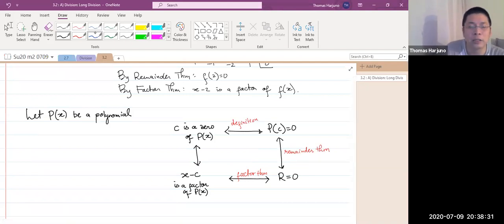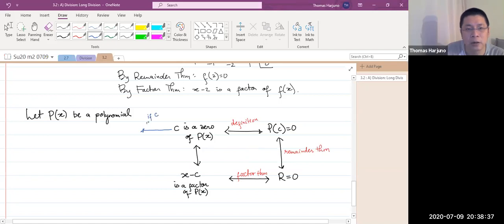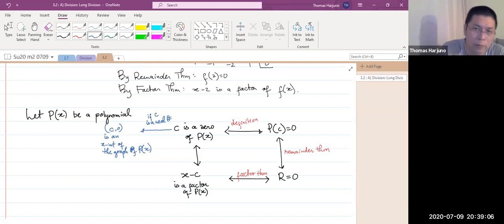Now I want you to realize how we use this later. If c is a real number, then (c, 0) is an x-intercept of the graph of P(x), which is our main goal, to graph a function. So later on, if I give you a polynomial, how do you graph it? You need to find the y-intercept, which is easy. To find the x-intercept, you need to use a lot of theorems put together.